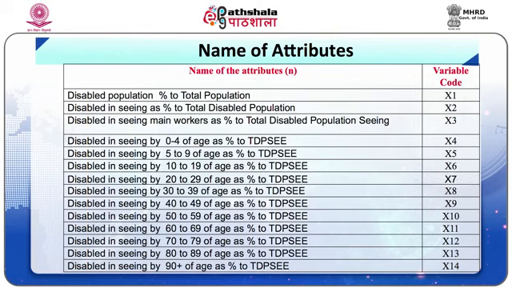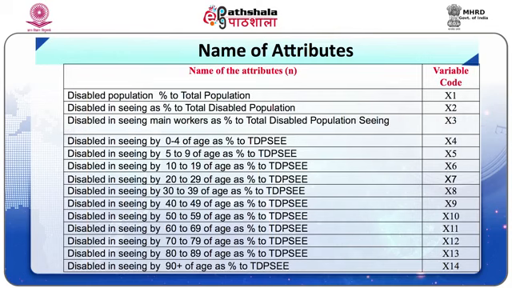These include disabled population percentage to the total population, disabled in seeing as percentage of disabled population, disabled in seeing main workers as percentage of total disabled population, and then further data is categorized as per different age groups.